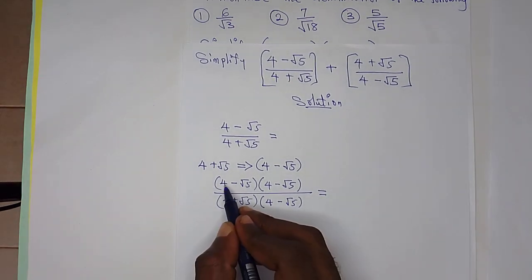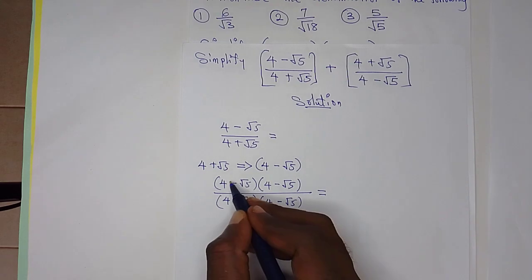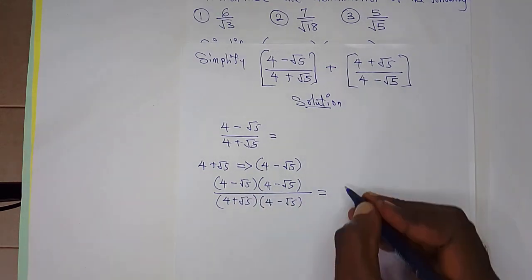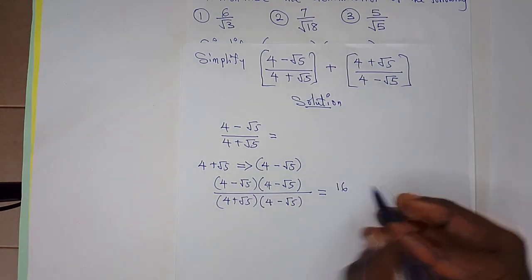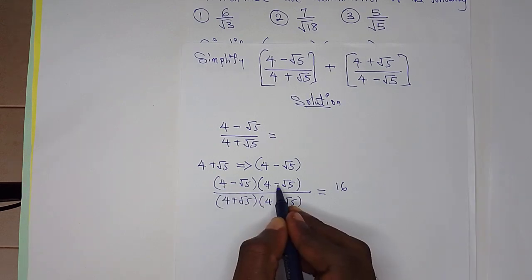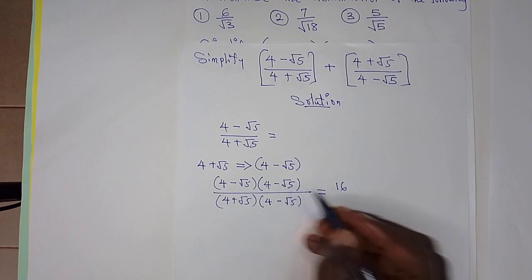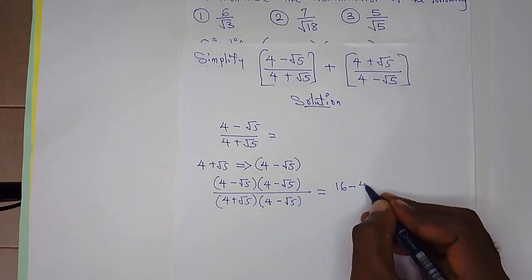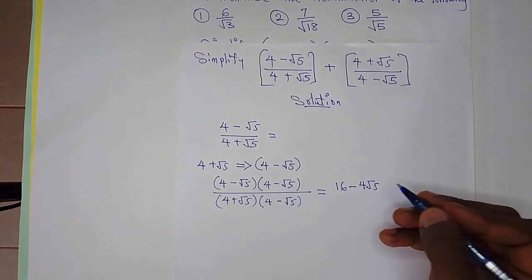Now, let's simplify this numerator. 4 times 4, that will give us 16. Then this 4 times this negative root 5, that will give us negative 4 root 5.